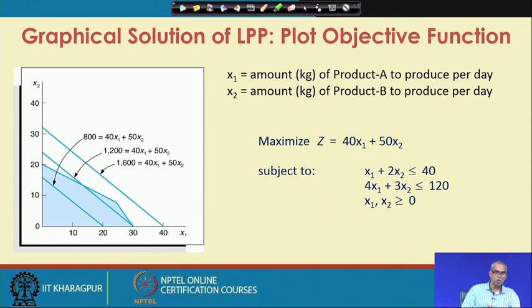Now, let us plot the objective function. The objective function is z equal to 40x1 plus 50x2. Three different lines for the objective function are plotted.